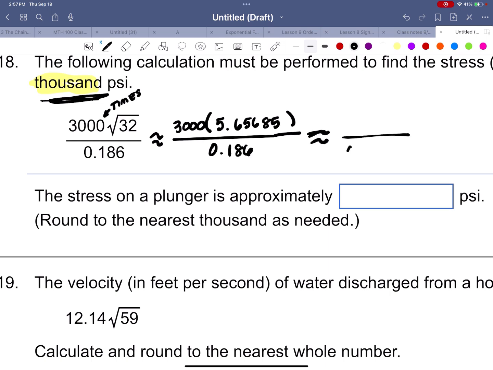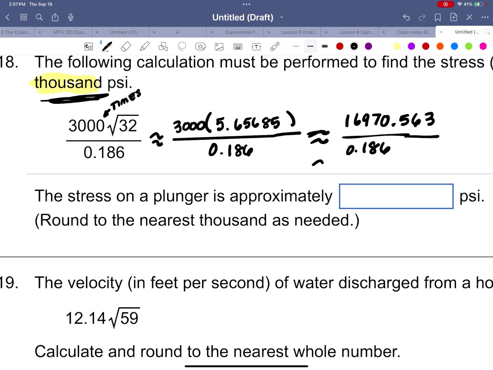So I'm going to do my division last. So I'm going to go ahead and multiply that number times 3,000. And I get 16,970.56. And now I'll go ahead and round it to 3 decimal places. I'm going to divide that number by 0.186.